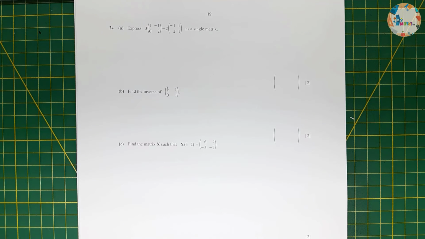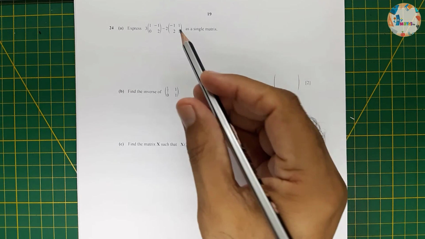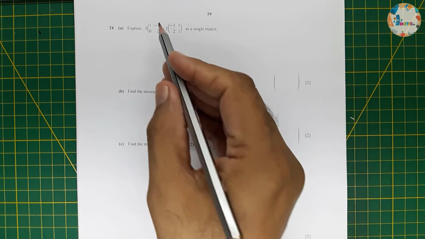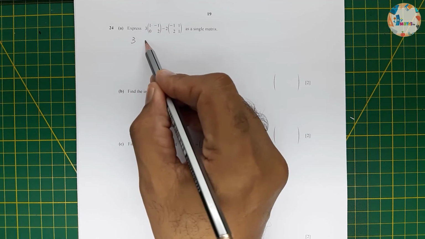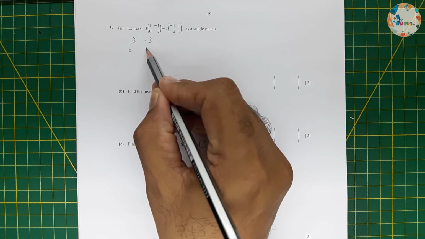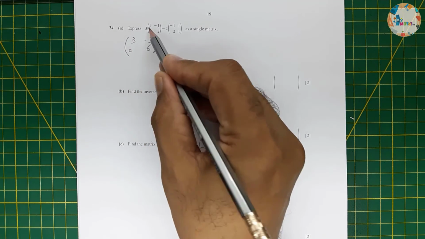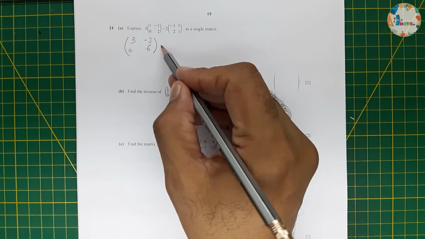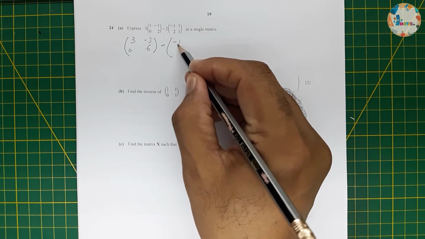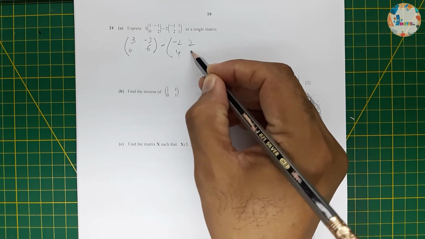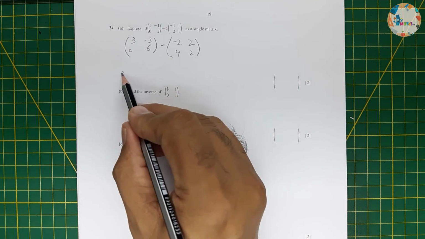Now this is question number 24. Express this as a single matrix. So we can multiply this by 3 and this will be -3, 0 and 6. This will be our result after multiplication, and if we multiply by 2, it will be -2 and 2 and 4 and 2, and now we can subtract.